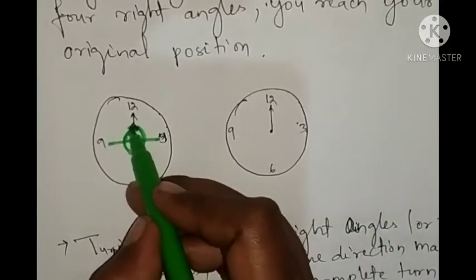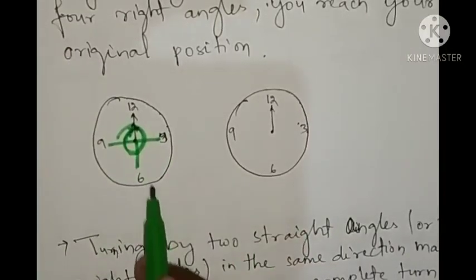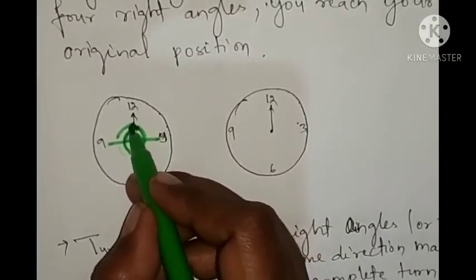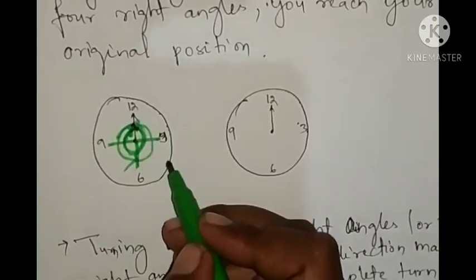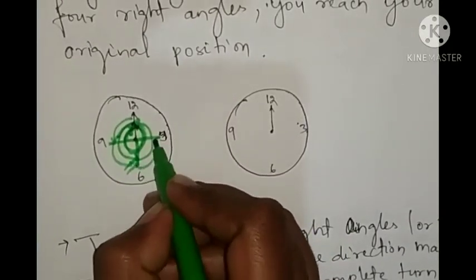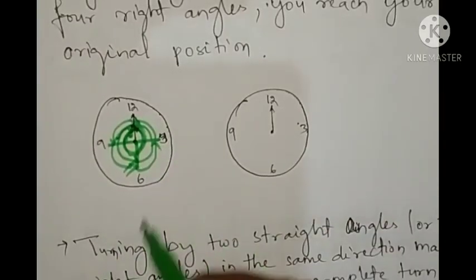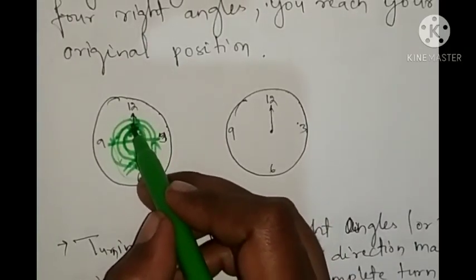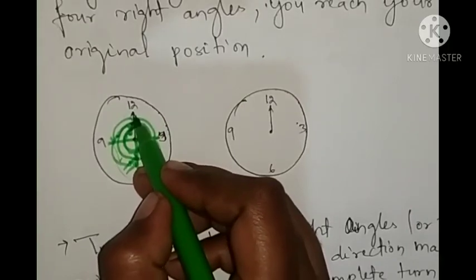So you will take a full turn, or otherwise you move one direction. One direction means it is clockwise, otherwise you can move in anti-clockwise direction. So you are getting a full turn, means where you are starting, again you are reaching that original position, that place.